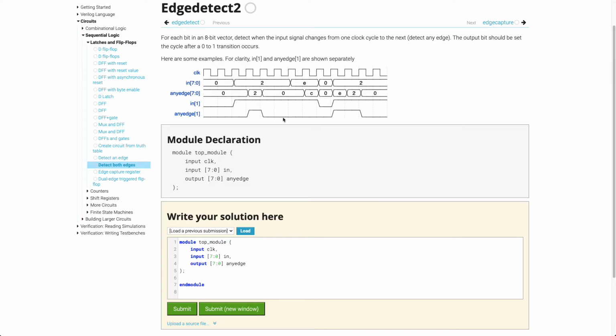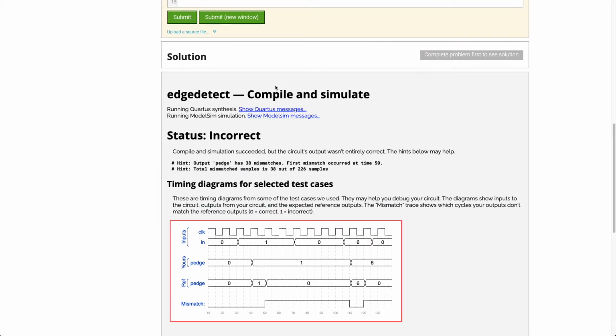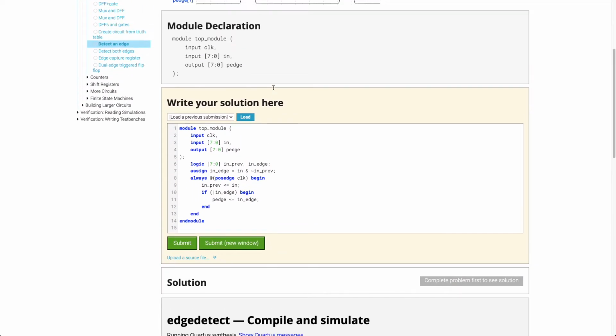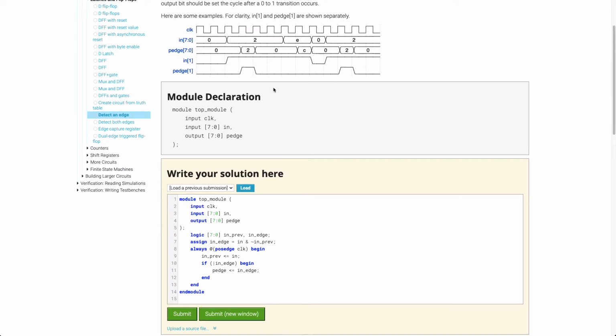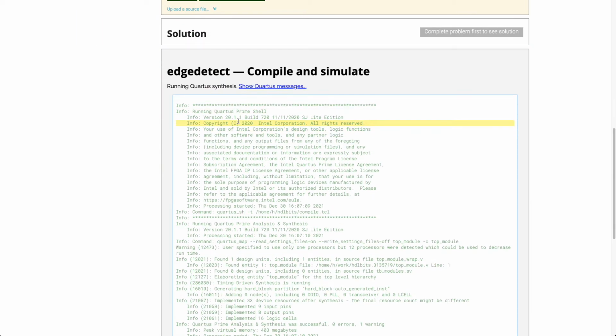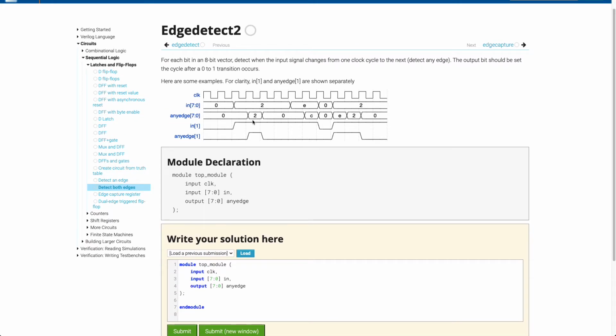Is any edge, so same as previous problem, but this is somehow... okay, yeah, I can't clock gate it. I can only just delay it by a cycle, otherwise it'll become sticky. Let's see if this works. Okay, I won't copy paste because I just maybe want more practice on this one.